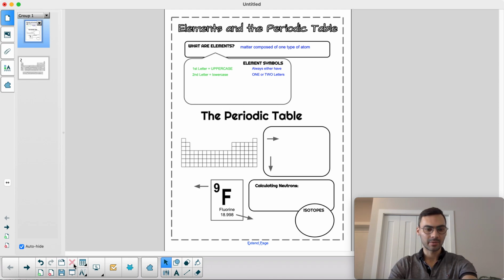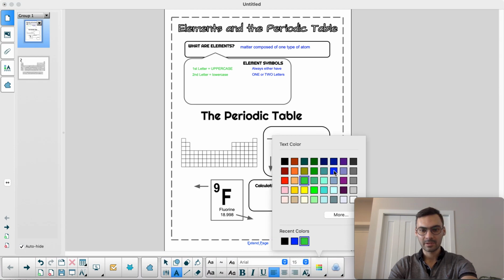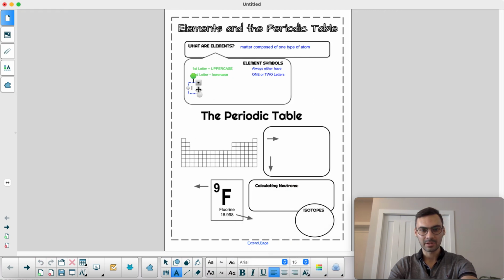Let's just make sure that we got that down. Let's put an example. Now you don't have to be switching between your colors as much as I am. Let's say that H, that was the first one we looked at, means the symbol hydrogen. H, capital H, lowercase e, that gives us helium.